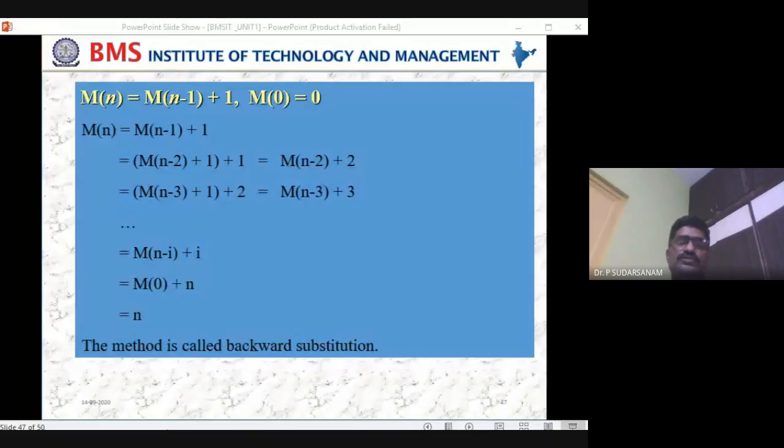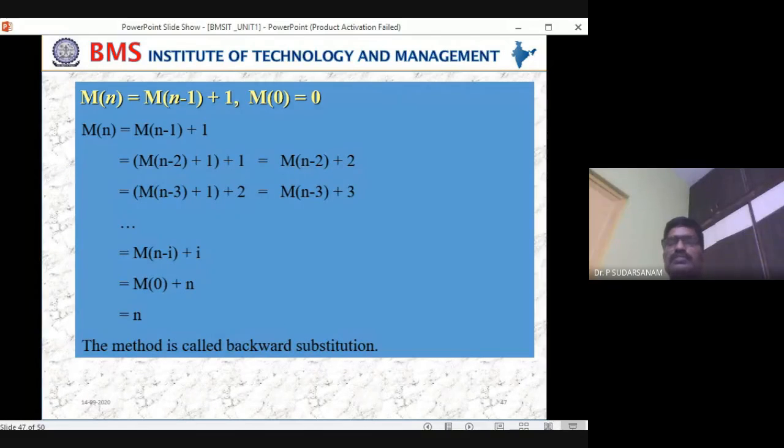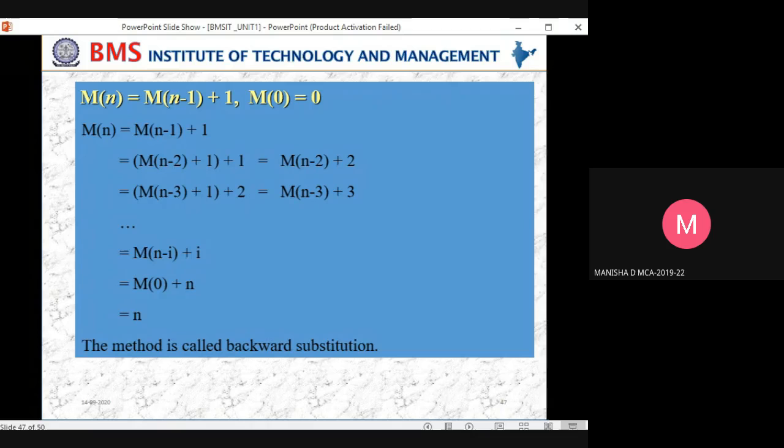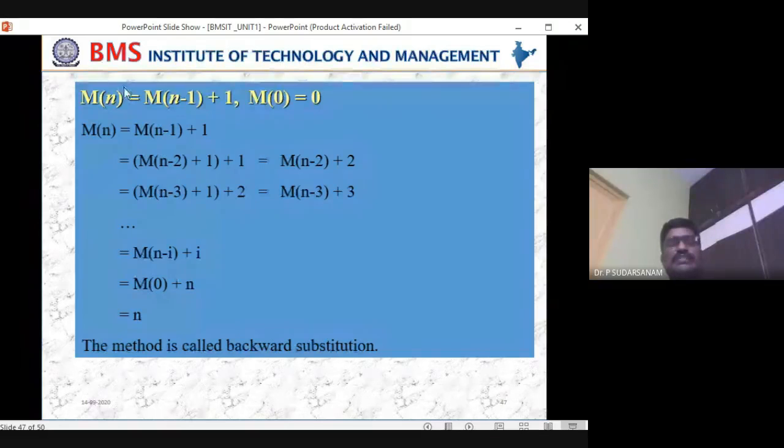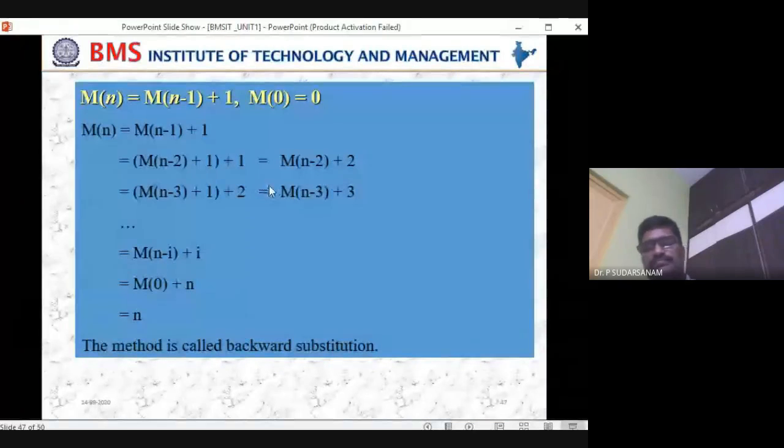Any doubt? No, sir. Okay. Manisha? Any doubt to write the second statement from first to second one? No, sir. Rashmi? Rashmi is not here. Priyanka?